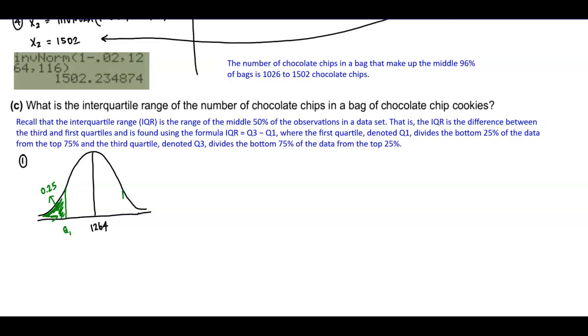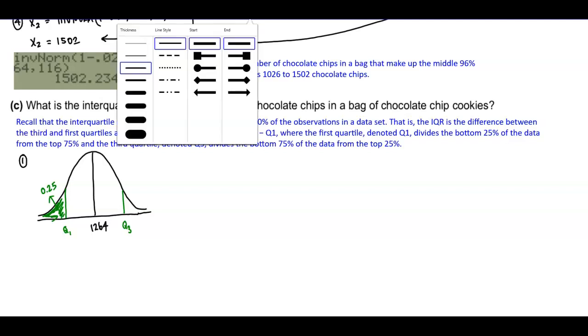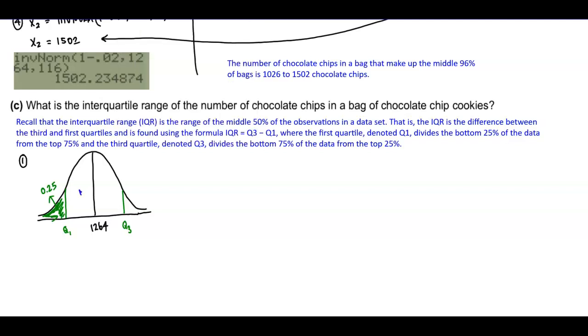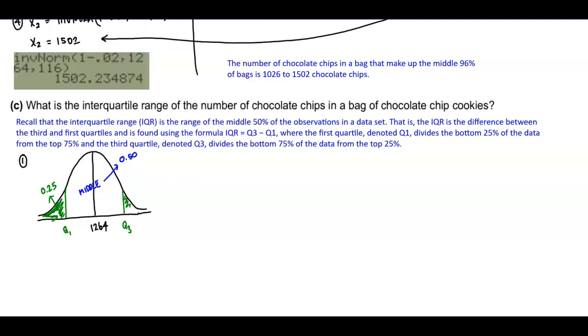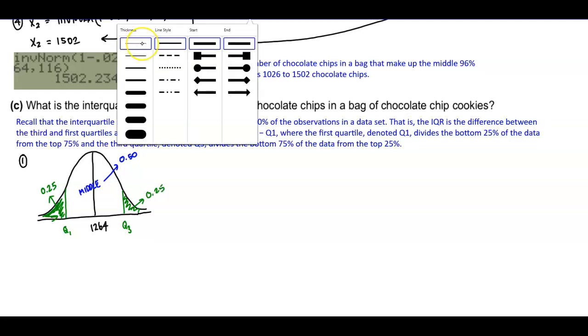And then we also have quartile 3. Now remember, this is the middle 50%. So the middle represents 0.50. And we know that this also represents 0.25.